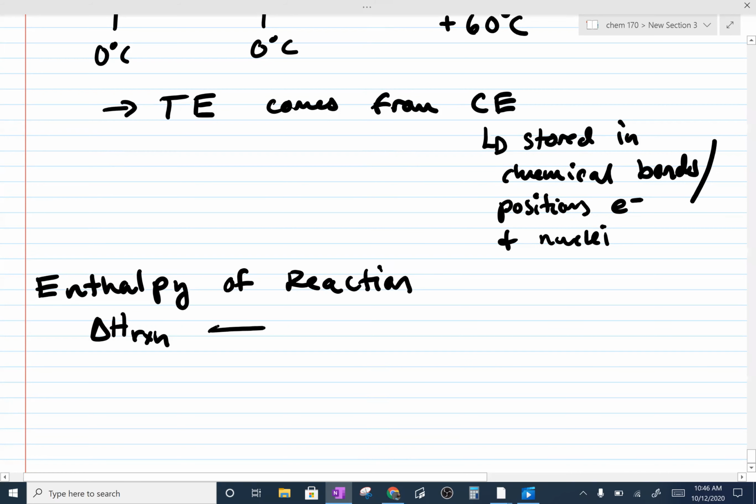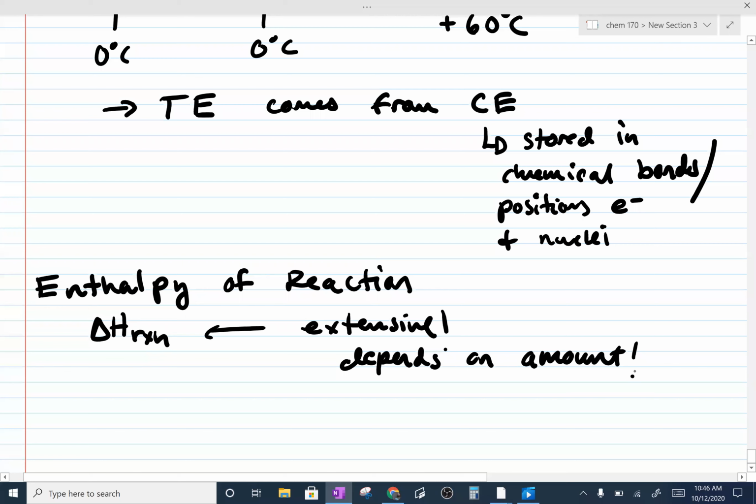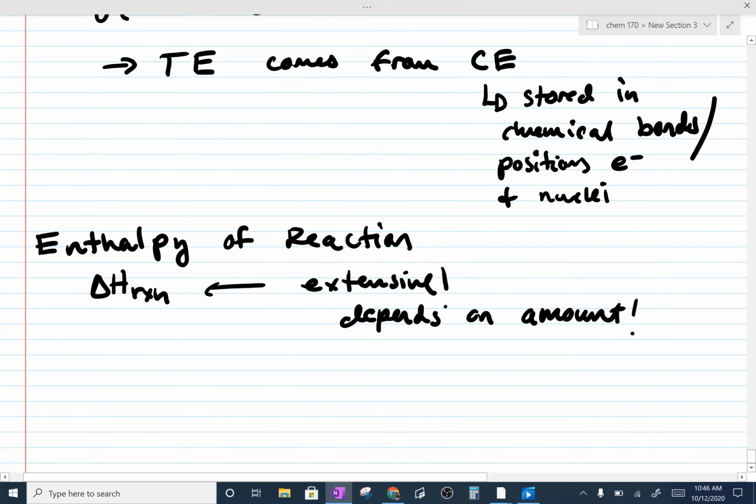And this is an extensive property, meaning that it depends on the amount of reactant. Okay, so it depends on the amount that you're reacting. So we have to be very careful about this.